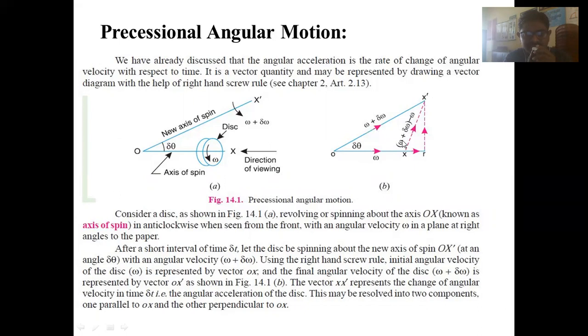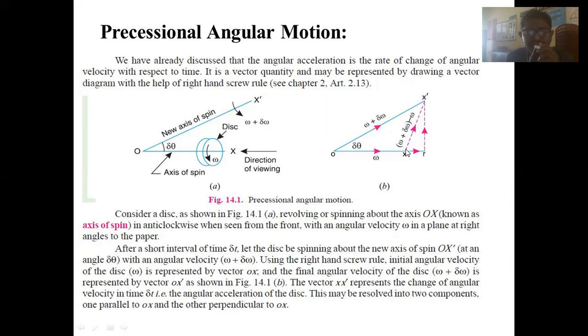The vector XX dash represents the change in angular velocity with respect to time delta t. This is the initial angular velocity omega. Later, after a short interval of time delta t, this is the angular velocity of the disk, omega plus delta omega. Now XX dash, that is omega plus delta omega minus omega, represents the change in angular velocity with respect to time delta t.